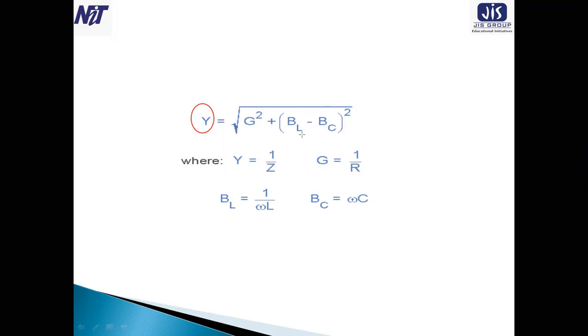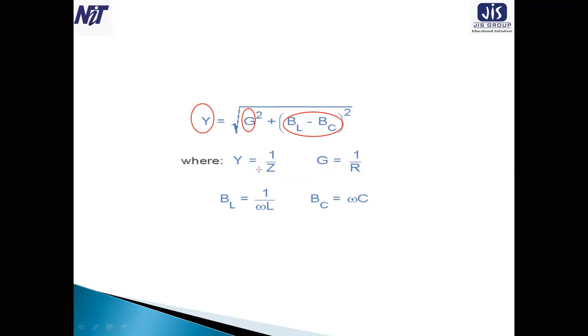Three elements are there: one is resistance, one is inductance, and one is capacitance. But this circuit is inductive, so XL is greater than XC. This will be the admittance.